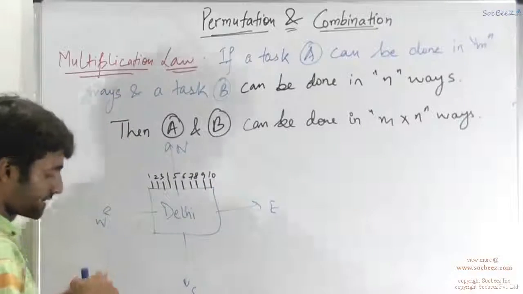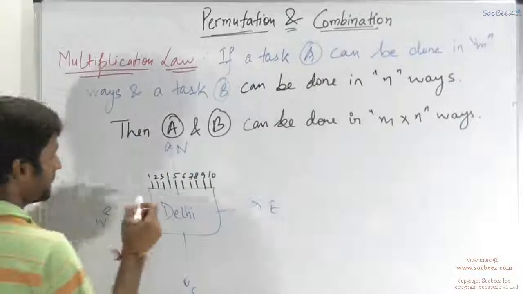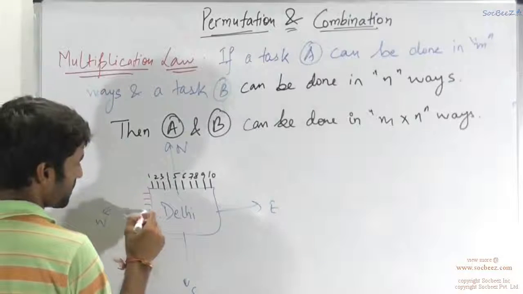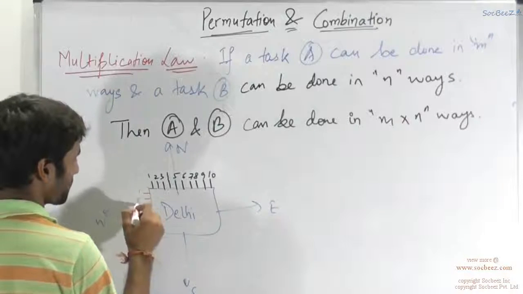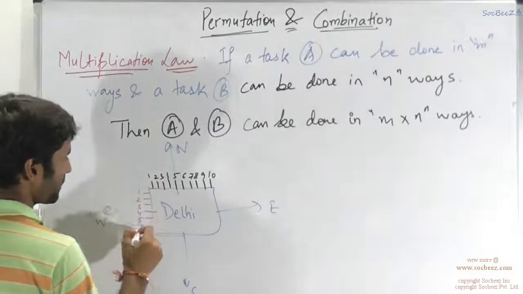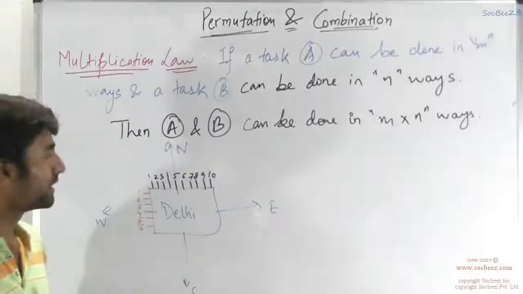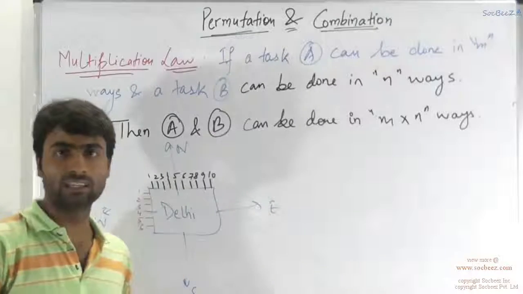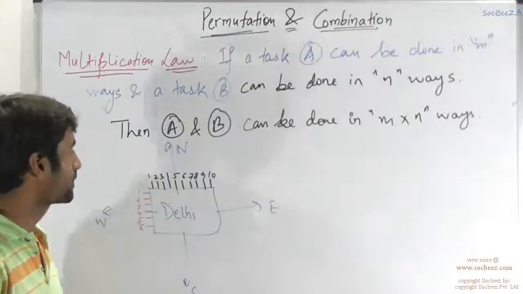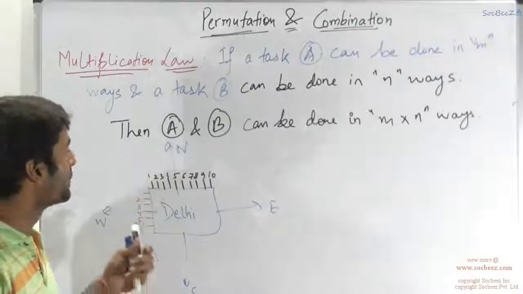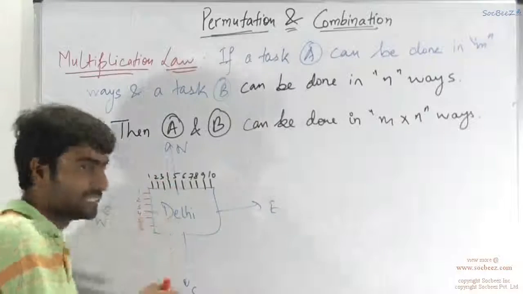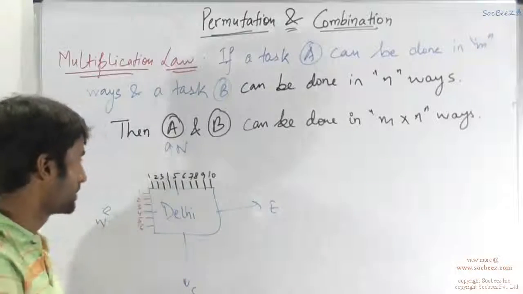And 6 gates on the west side. Okay. So if I ask you how many ways are there to enter the city Delhi and to exit it?